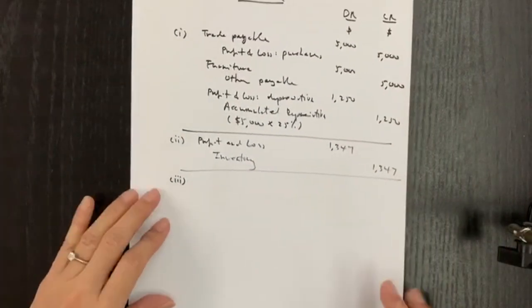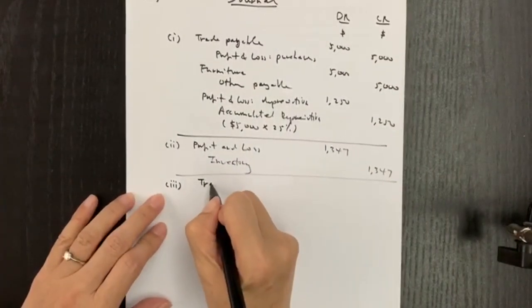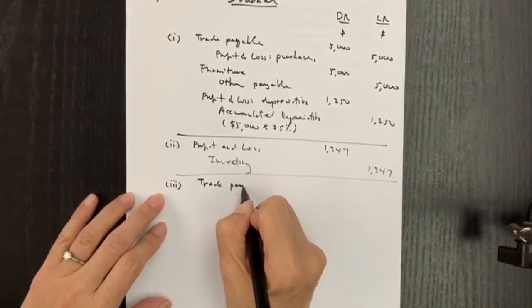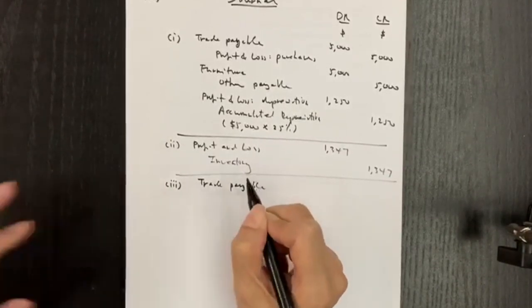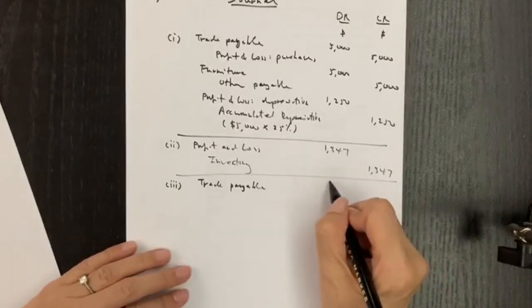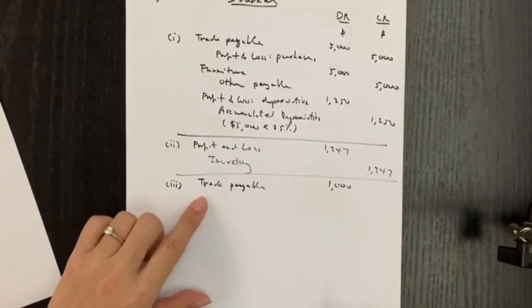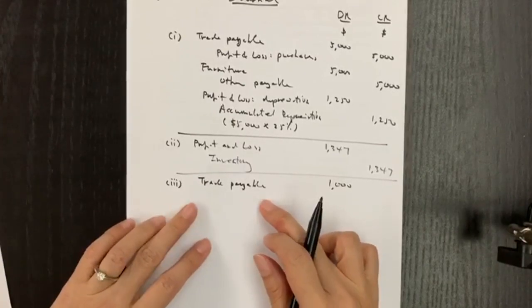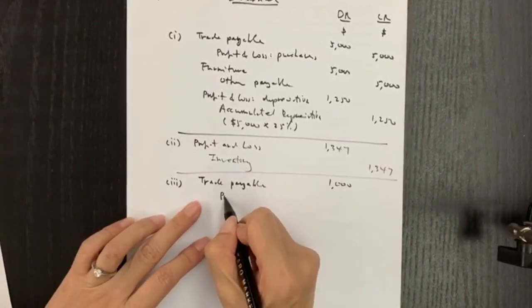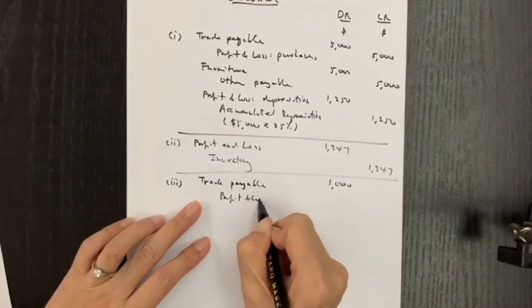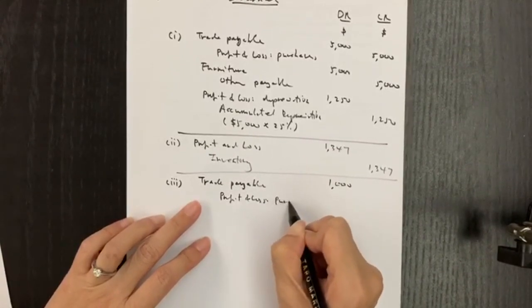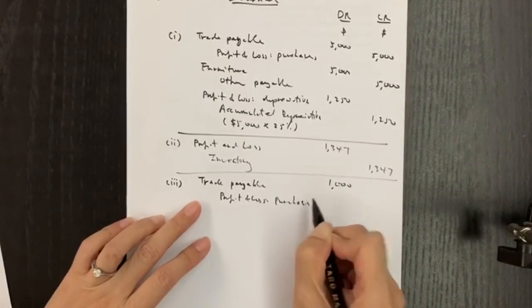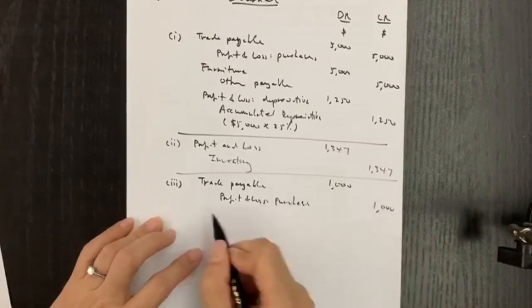So my answer in part A will be debit trade payable. Okay, so how much is that? 1,000? Because we don't owe any liability to supplier because this is 3 sample. And then profit and loss, because of purchases, we need to cancel that.